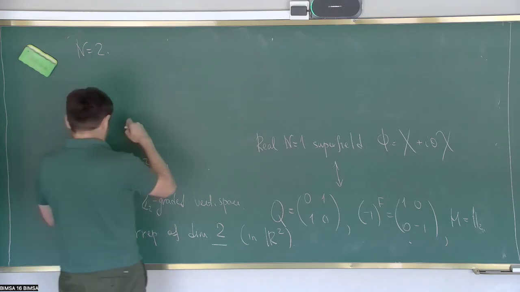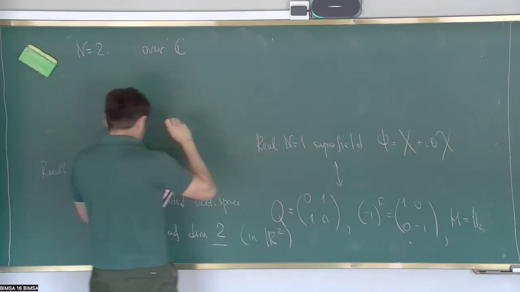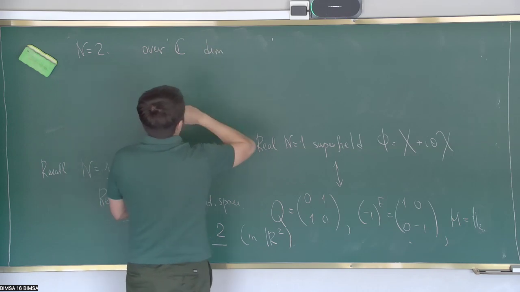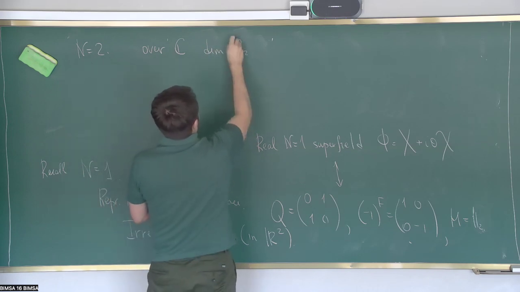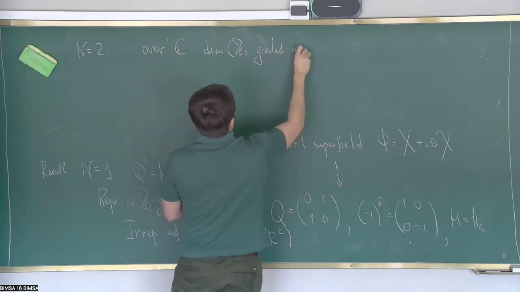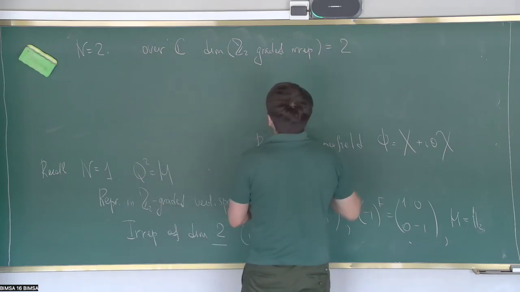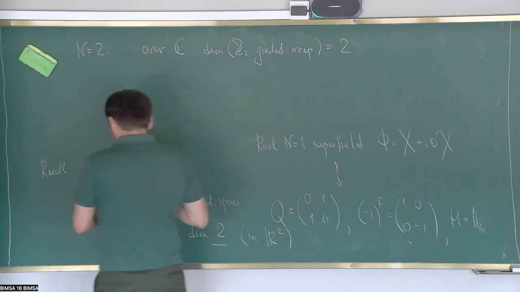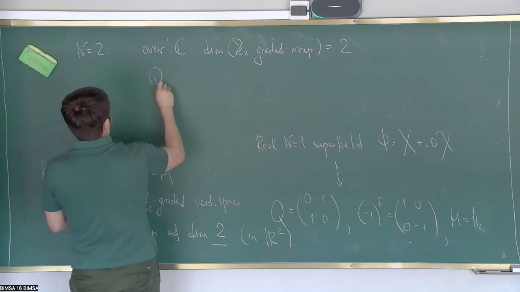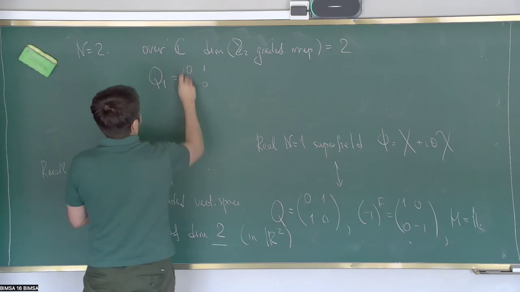So over C, the dimension of the Z2 graded reducible representation is 2. So, for example, you can take Q1 equals 0, 1, 1, 0.